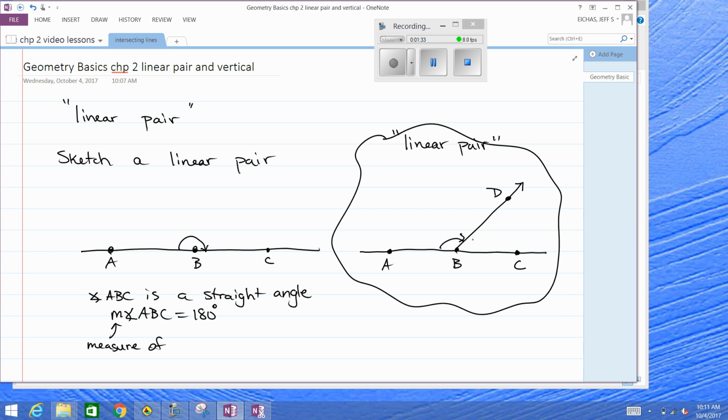These two angles, if you put them together, make a straight angle. So angle ABD and angle, it doesn't matter which order we go, let's go DBC, are a linear pair. So that's what we want to make sure we understand there.